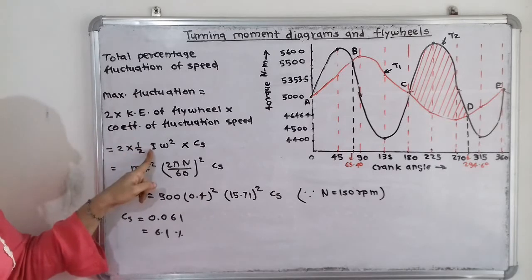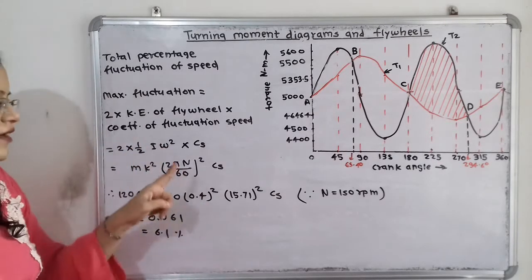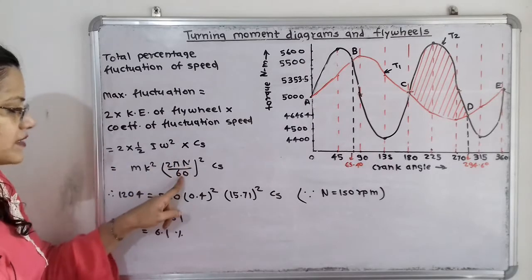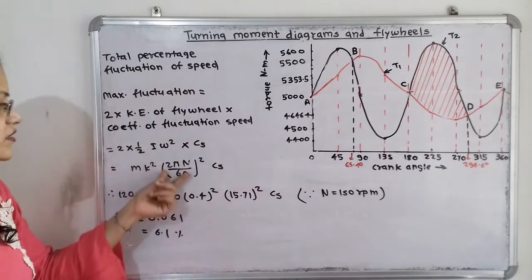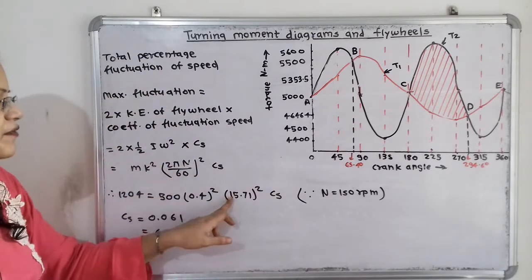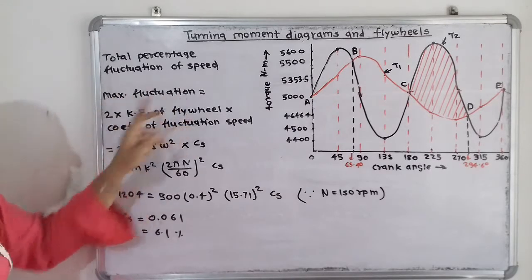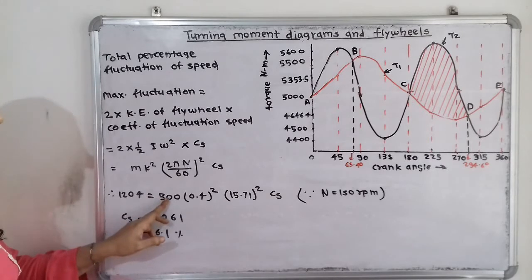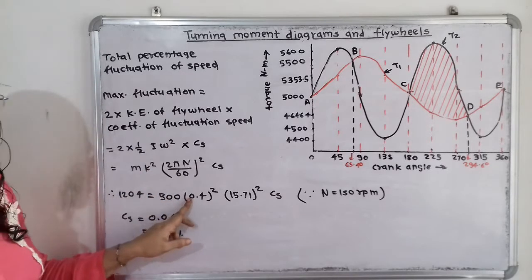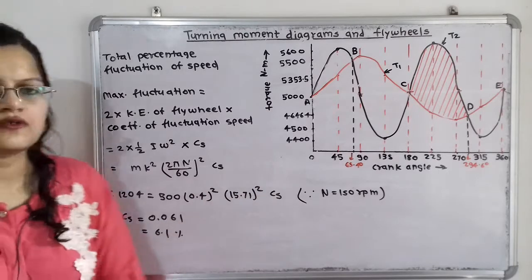I is the mass moment of inertia, equal to m k square, and omega, the angular velocity, is equal to 2 pi n by 60, where n is given as 150. Solving 2 pi n by 60, we get 15.71. Now we put all the values: maximum fluctuation of energy 1204 equals mass 500, k square with radius of gyration 0.4 squared, into 15.71 squared, into Cs.